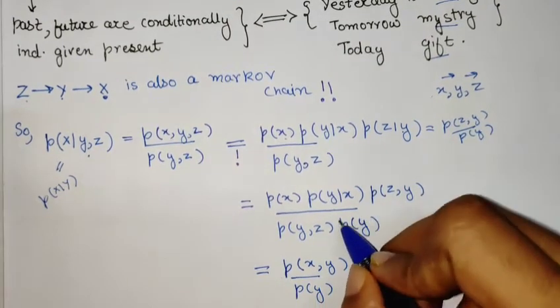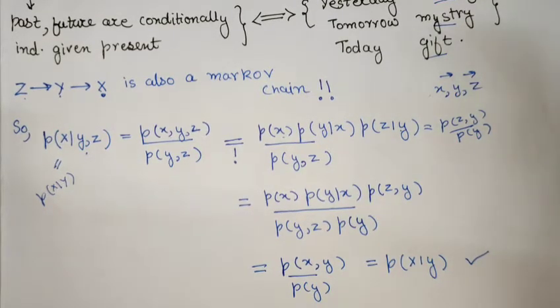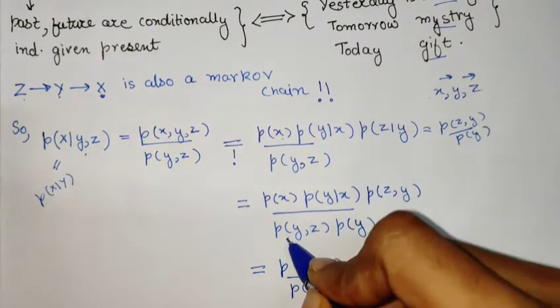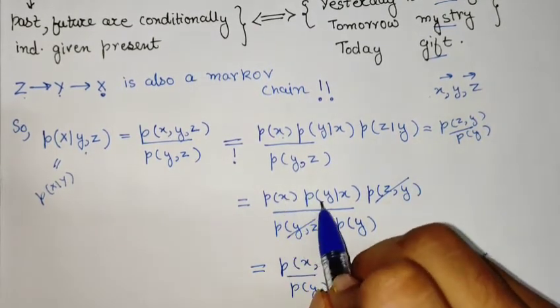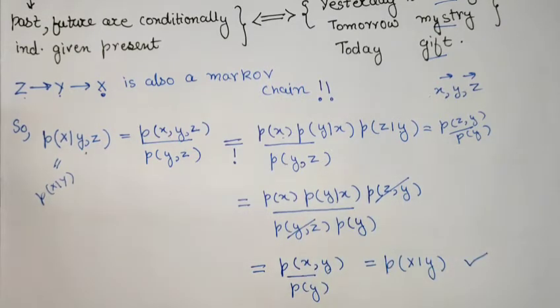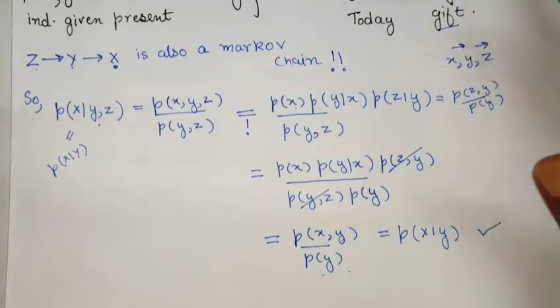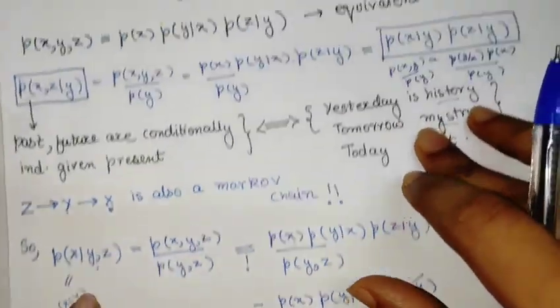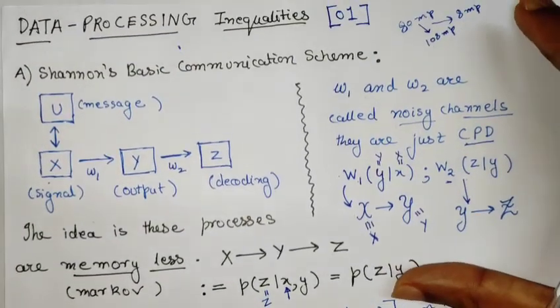So we get a factor of p of y, and now we can see that this p of y will cancel, and p of x times p of y given x is just p of x and y divided by p of y. So the point is, given x, y, z a Markov chain, z, y, x is also a Markov chain. That's all for this video, and in this video we discussed this Markov chain.